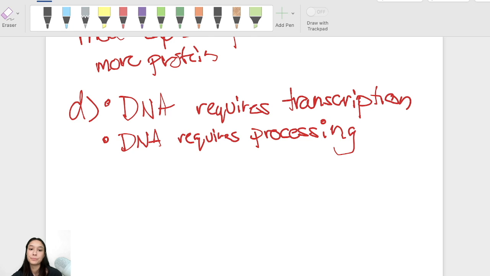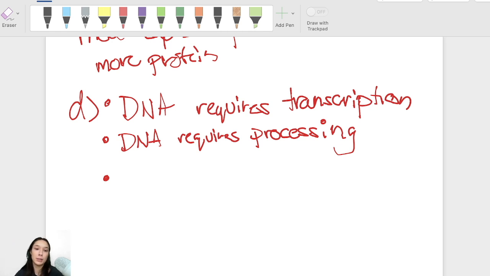And then the last option says that the cell may be unable to transcribe the DNA. Again, that's pretty much an error with transcription. If it's not native to the cell, it does bring in issues because the cell is not used to having that sequence of DNA.